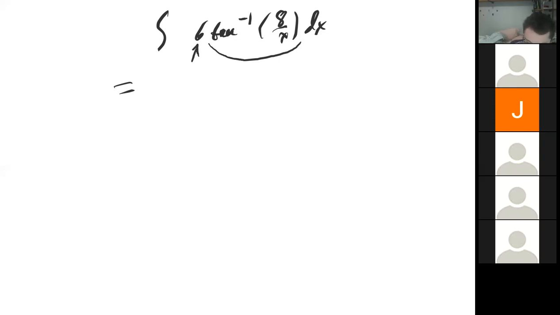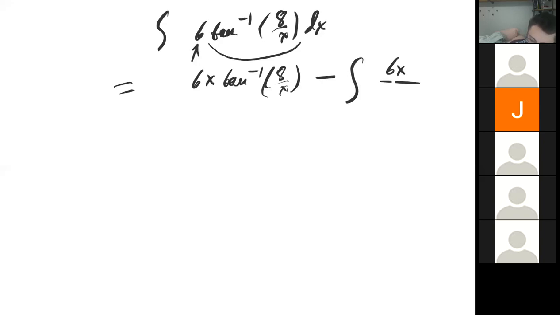You'll get, with udv, 6x tan inverse 8 over x, and then your second term, you subtract the integral of 6x, and then the derivative of tan inverse 8 over x is 1 over 1 plus 8 over x squared, and then you have to take the derivative of 8 over x, and that's minus 8 over x squared.